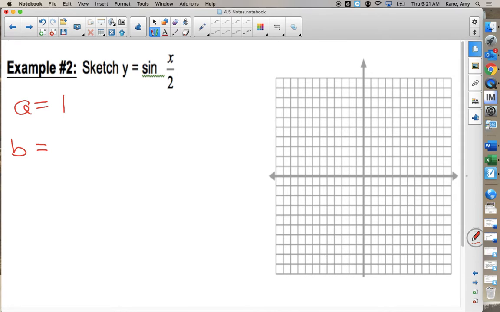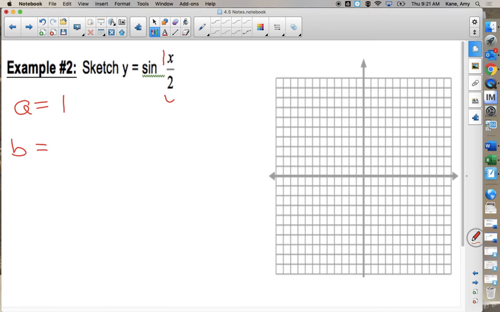Let's talk about the B value. What number is with x? I heard a 1. I see a 2. What number is in front of x? A 1. Josh, what number is with x? 1/2.